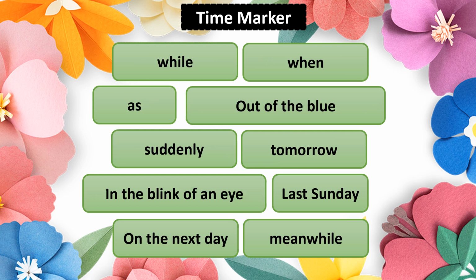Or you could also use while, when, as, out of the blue, suddenly, tomorrow, in the blink of an eye, last Sunday, on the next day, or meanwhile. There are many more time markers, and you can choose which time markers make sense to your storyline.